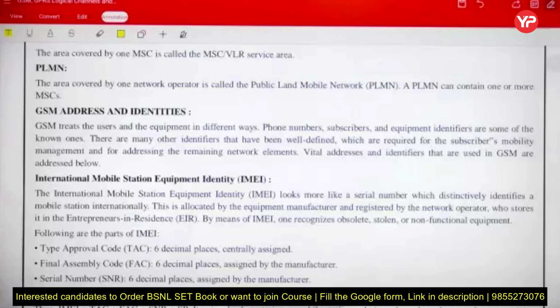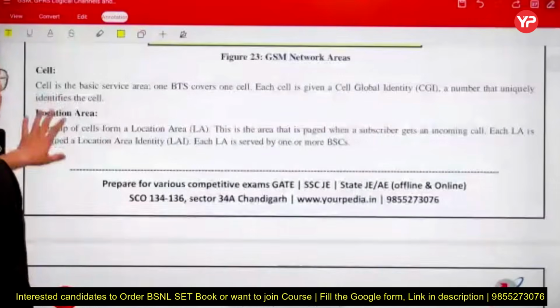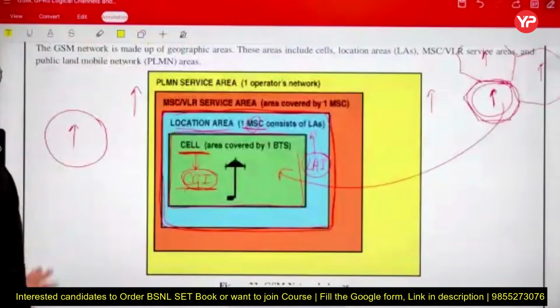Where you read the HLR, VLR, where you read that thing, Ravi? Where do you read HLR and VLR? There is no HLR. Where?